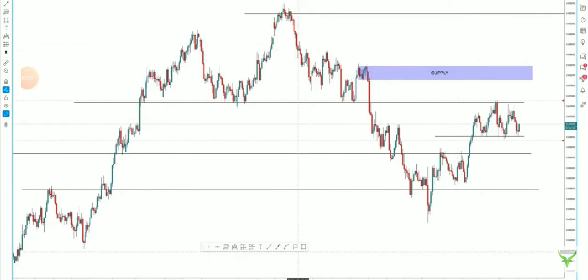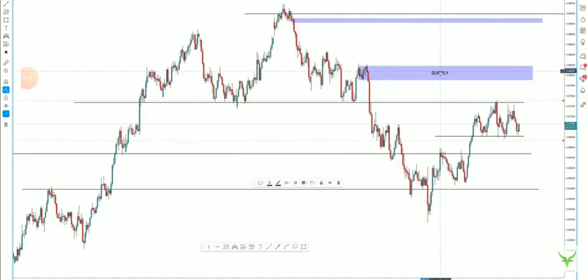The next supply area seems to be here, just below the top. Often just below the top or above the bottom, you find another supply. So we have two supplies. That's also the reason why you never put your price alert or your order right at a level. You always put it a little bit ahead or in front of that.